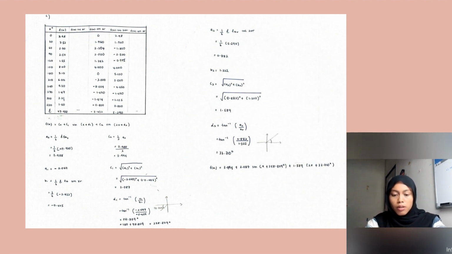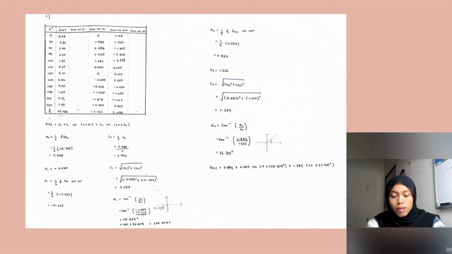To find the value of a2, the formula is 1 over 6 summation of f(x_r) cos(2x_r). So replace the value of the summation of f(x_r) cos(2x_r) into the formula, and then we get the value of a2, which is 0.882. The value for b2 has been given in the question, which is 1.322.